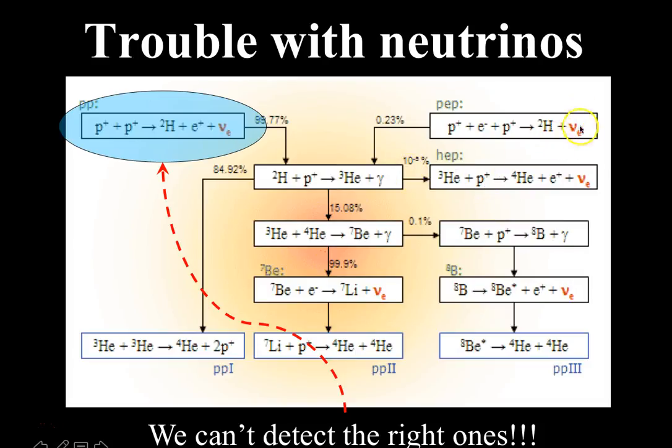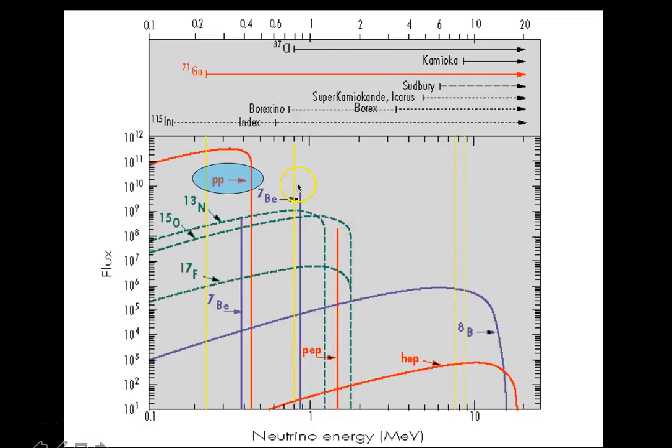We're detecting neutrinos from all sorts of other processes, as indicated by these red ones here. This gives you a picture of what we would want to observe as opposed to what we are observing. And these are the detectors that we actually have in operation that are detecting anything. I'm not exactly sure what these two are, other than chlorine-37 and gallium-71 have detection abilities down in this regime or up in this one.